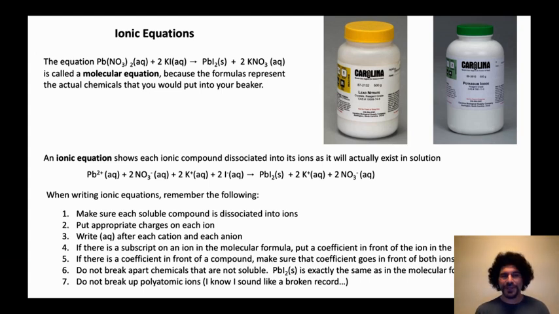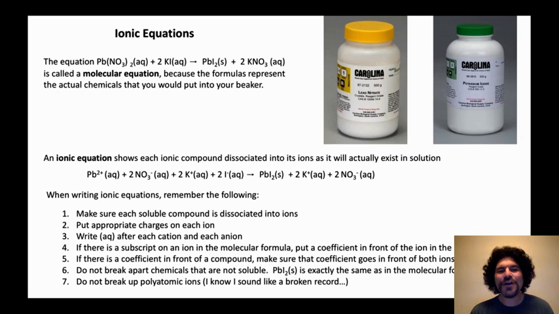In this particular example, the anion is -1, but there are also going to be -2 and -3 anions. And then you want to write aqueous after each cation and after each anion. Okay, so in going from the molecular equation to the ionic equation, we have gone from 3 (aq)s in parentheses up to 6 (aq)s in parentheses.